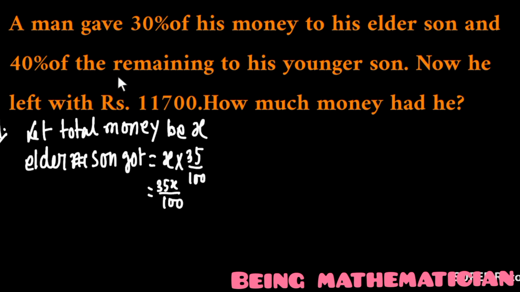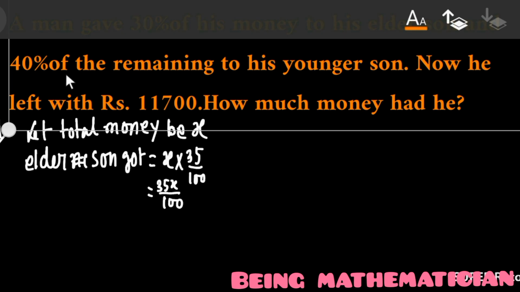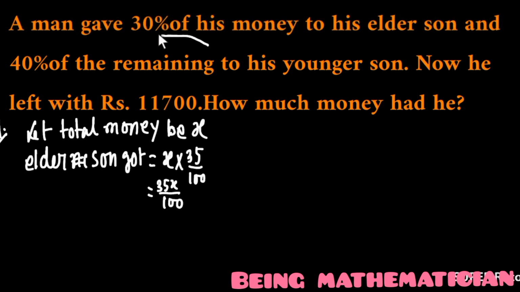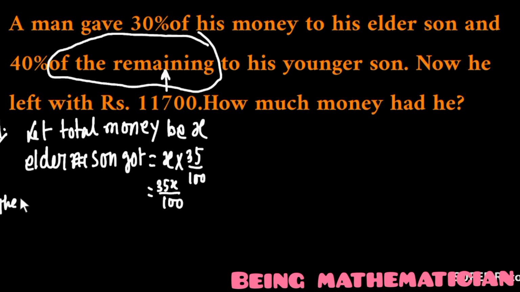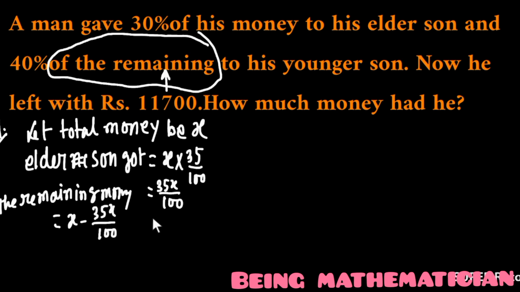So in the question, it is 40% of the remainder, of the remaining. So we find the remaining money of the man. Therefore the remaining money will be X minus 35X by 100.